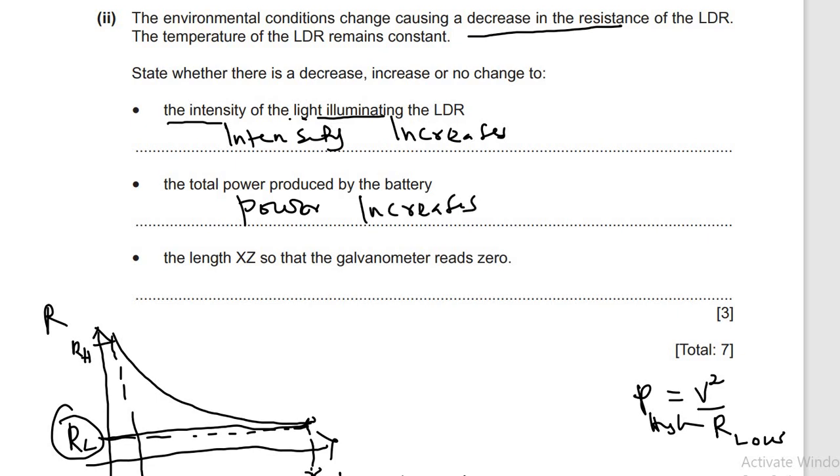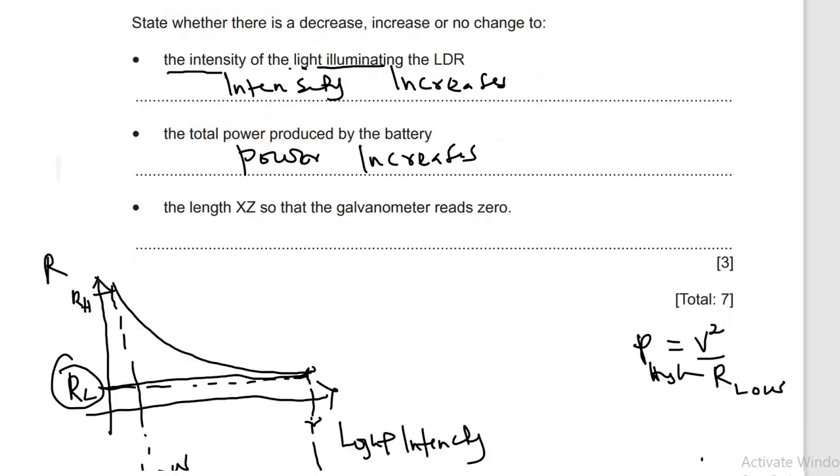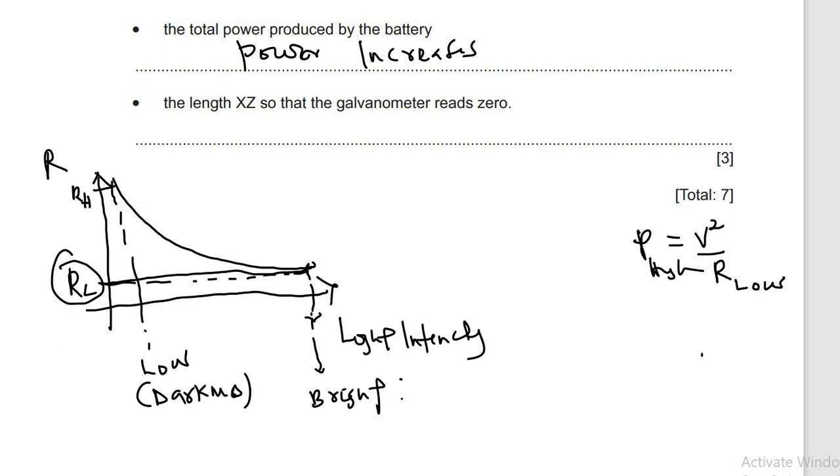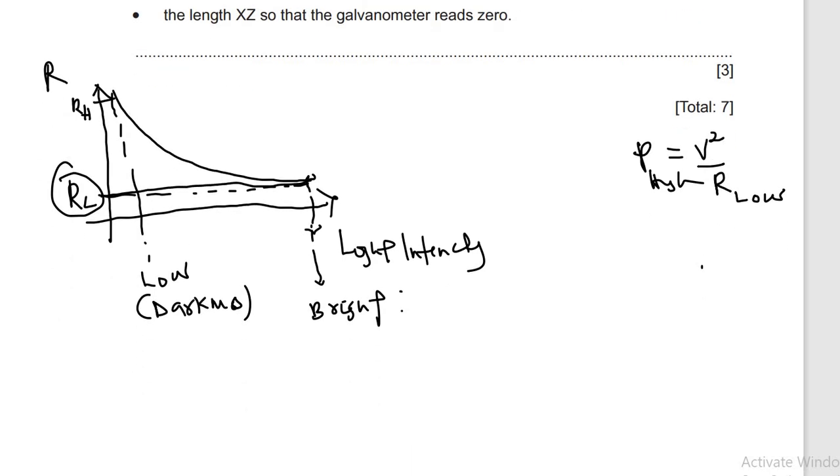Now the length SZ, so the galvanometer reads 0. Let's see the length. Remember that intensity is power over area.